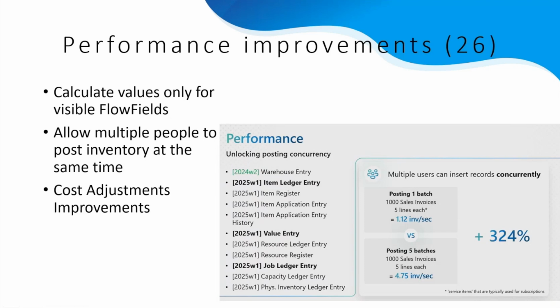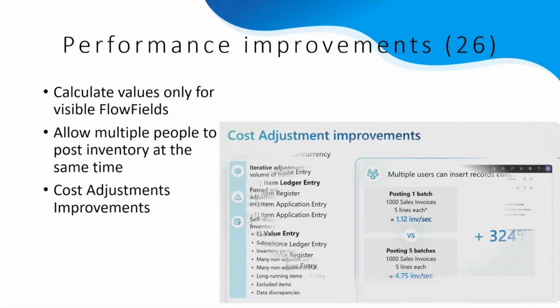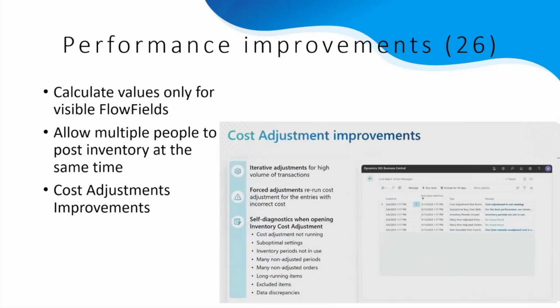Cost adjustment improvements as well. Microsoft also introduces a new engine which improves the cost adjustments in Business Central, which enhances the processing speed, provides greater control over adjustments, and introduces proactive issue notifications.